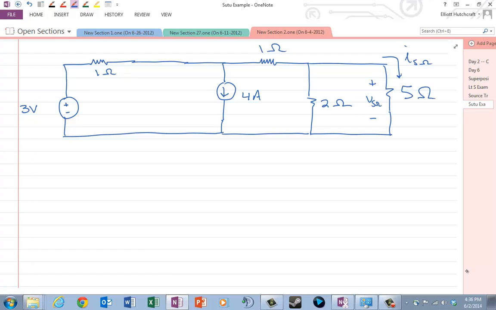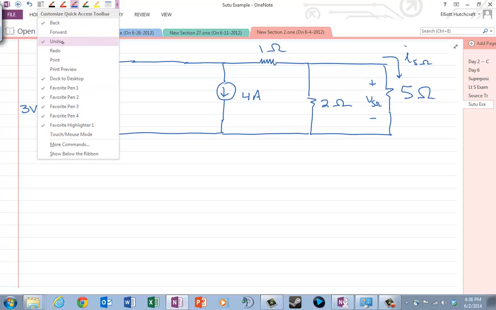Well, it's the fact that you would have a voltage source in series with a resistor, or a current source in parallel with a resistor, and somehow we can translate those and combine things.